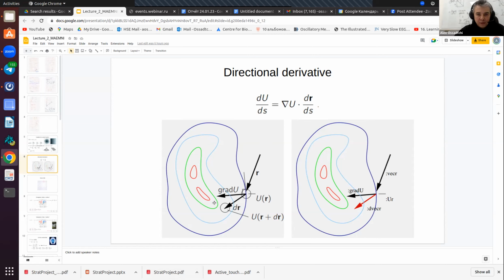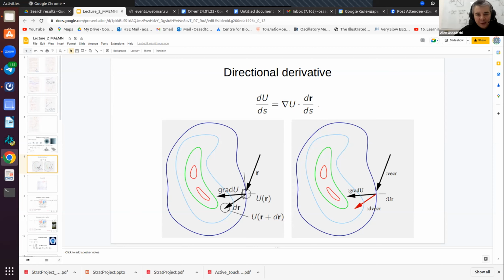Then in this level it's smaller, in this level it's even smaller, etc. Okay, so then if you compute the gradient of this function at this point, first of all, the gradient will be orthogonal to the level line. Okay, it will be orthogonal to the tangential line with respect to a level line, but it doesn't really matter that much for now.